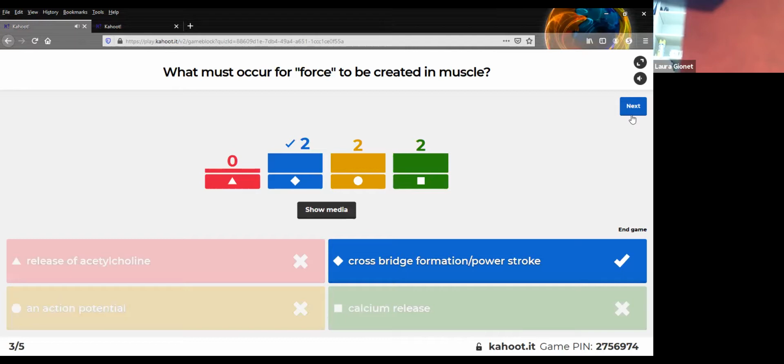All right. Yeah, you have to have that cross bridge formation and the power stroke. Technically, it's the power stroke that's generating the force, but you need to connect to it too. I know other parts of this are integral to the process, but the point where you create force is technically the power stroke.